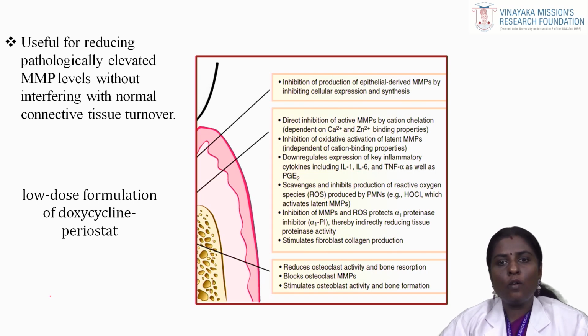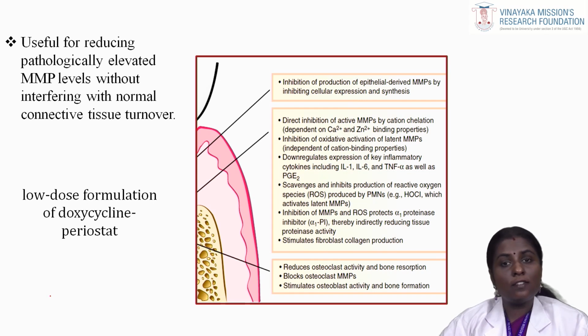We know these are the host-derived mediators of inflammation. It also scavenges and inhibits production of reactive oxygen species produced by PMNs. Inhibition of MMPs and ROS protects alpha-1 proteinase inhibitor, thereby indirectly reducing the tissue proteinase activity. It also stimulates fibroblast collagen production. So this is at the connective tissue level.